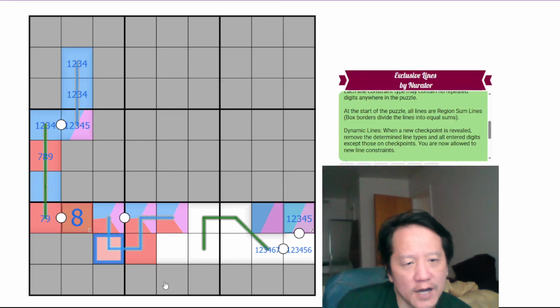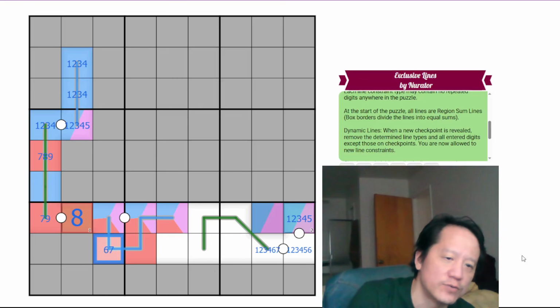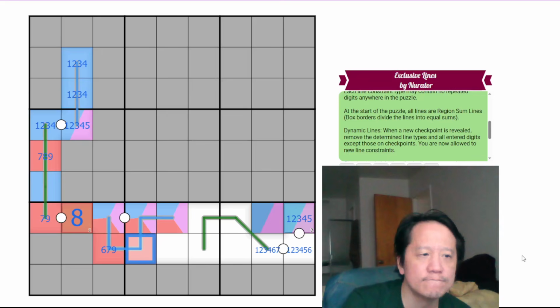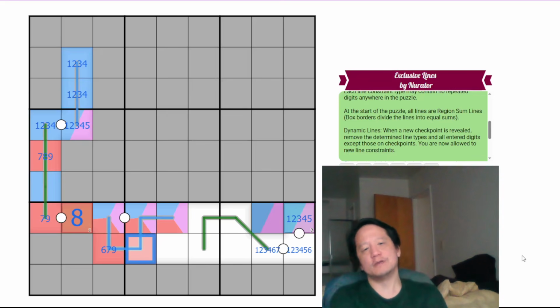So this is a high. So it's 6, 7, or 9 here. This is a high. So what digit do we have to be missing from the region sum lines? It has to be an odd digit.